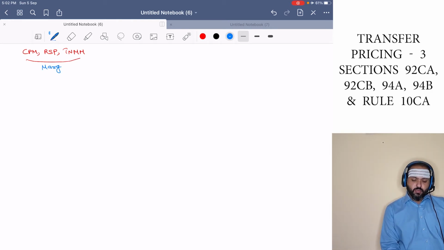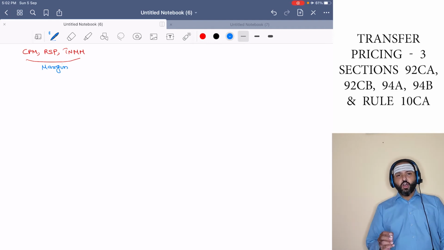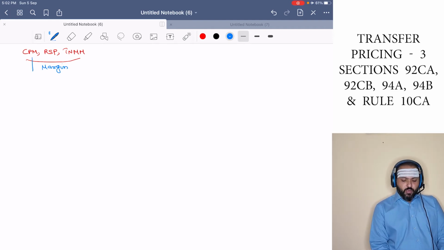Correct? So cost plus method, what did it have? Normal gross margin. Here it had again the same terminology, normal gross margin. For TNMM, what did we have? We had net margin.